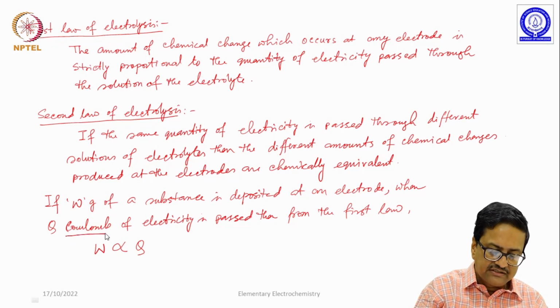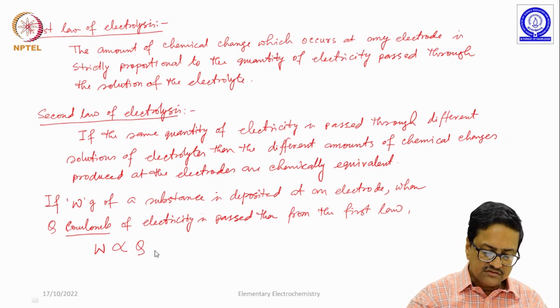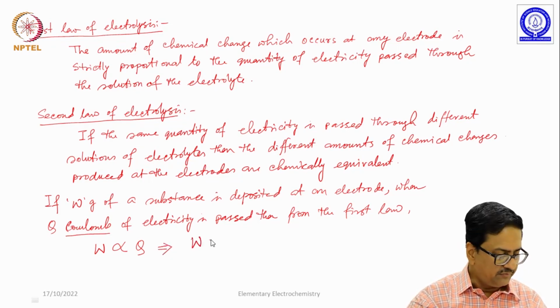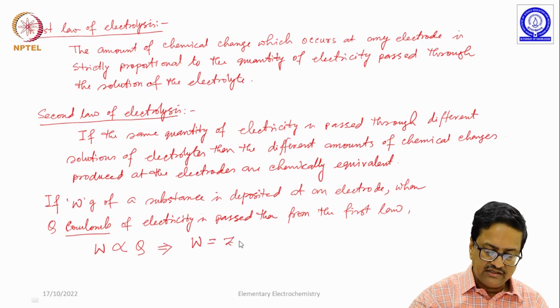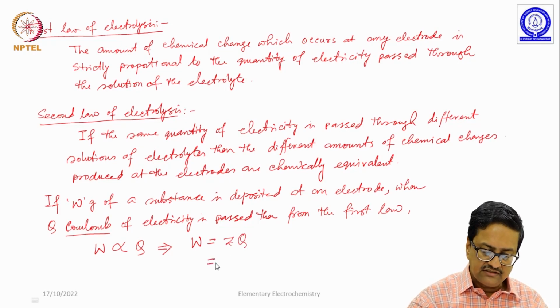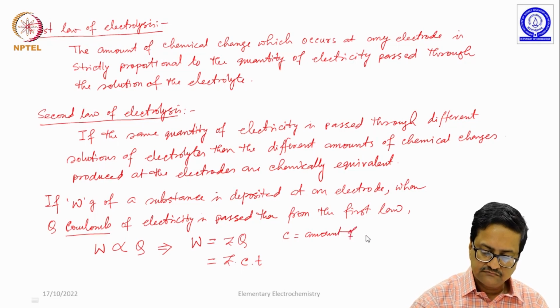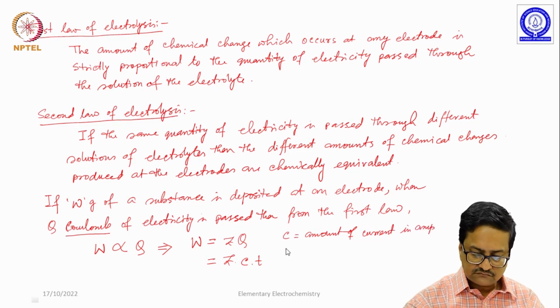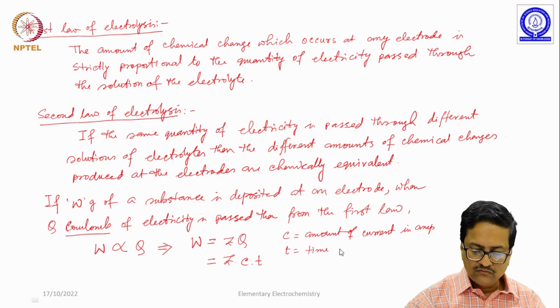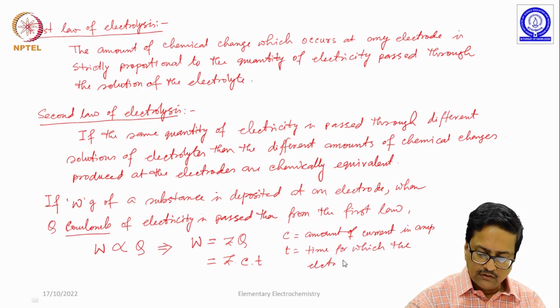You see, the unit of electricity is coulomb. So this essentially indicates that W can be equated to Z into Q, and simultaneously this Q can be written as C into T, where C is the amount of current in ampere unit, and T is the time for which the electricity is passed.